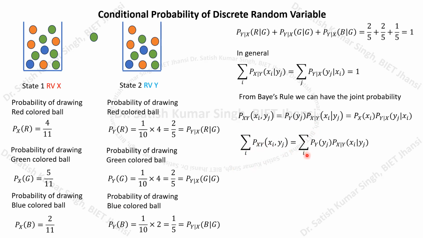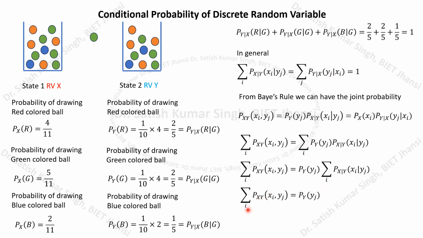When we do the summation, we have this probability p_Y(yj), which depends on the index j. It is independent of i, and therefore it can be written outside of this summation. We know that the summation over xi of the conditional probability p(xi given yj) is equal to 1. So this summation will become 1, and therefore this joint probability will be equal to p_Y(yj).